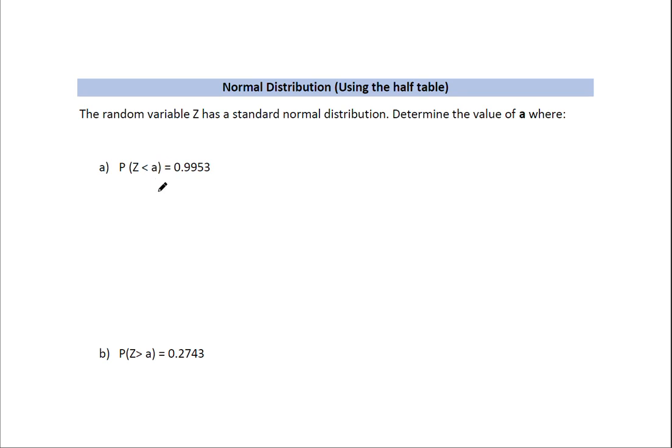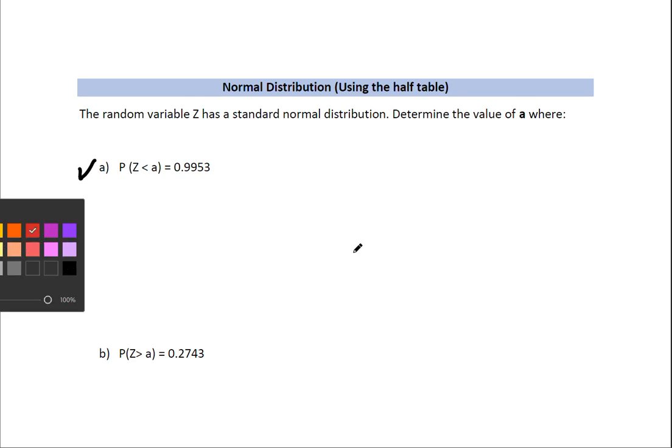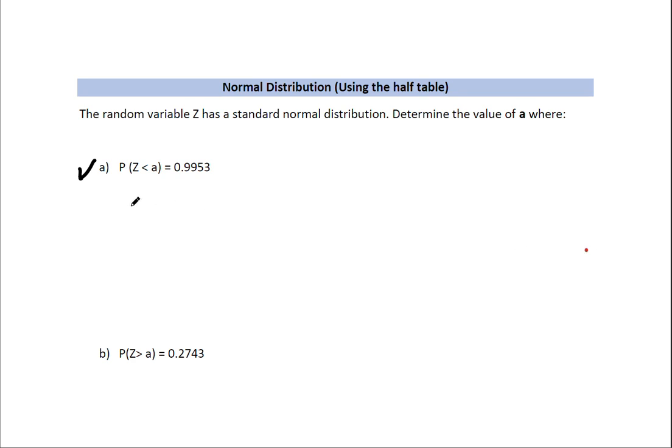So a is like a z value that we will find out that is associated with a particular probability. So in the first problem, we are told that the probability that z is less than a is equal to 0.9953, and we're asked to find the value of a.